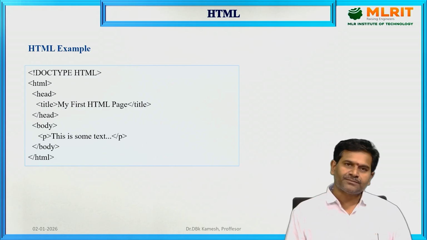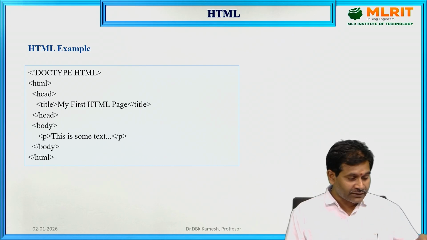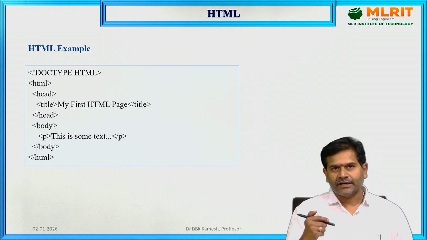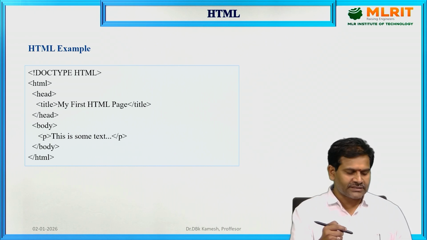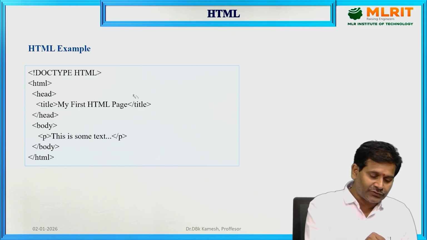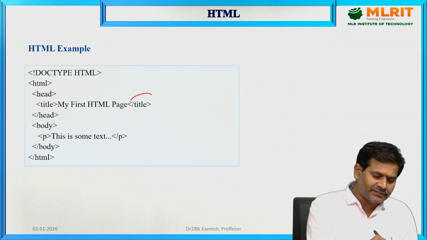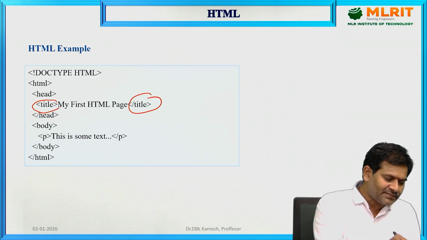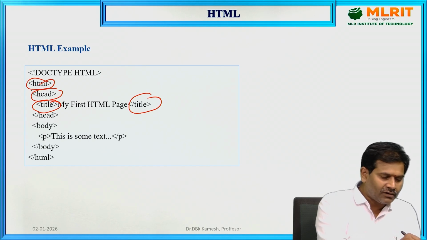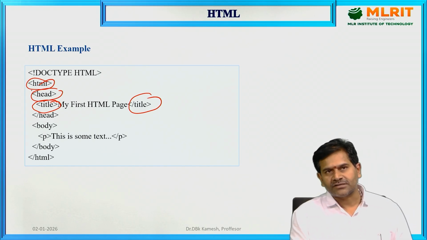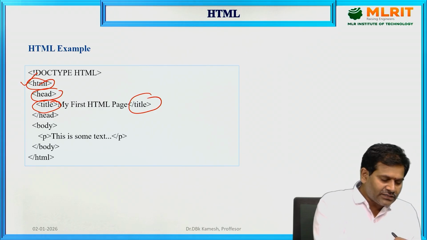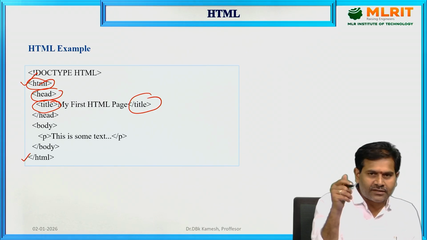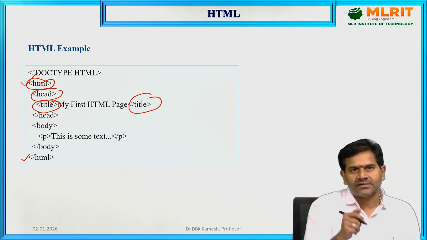In the head part, you can put a title, for example, my first HTML page. This is called a tag. It is a tag based language, so first you use HTML, and the last ending tag is /HTML.